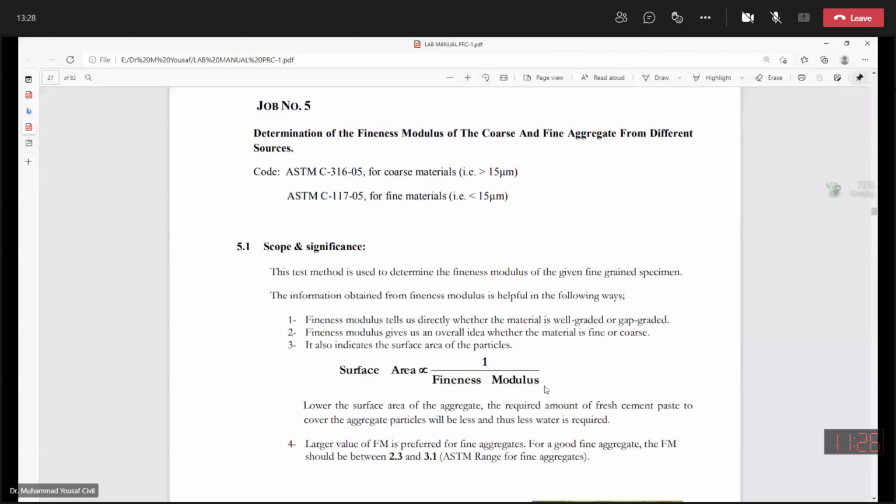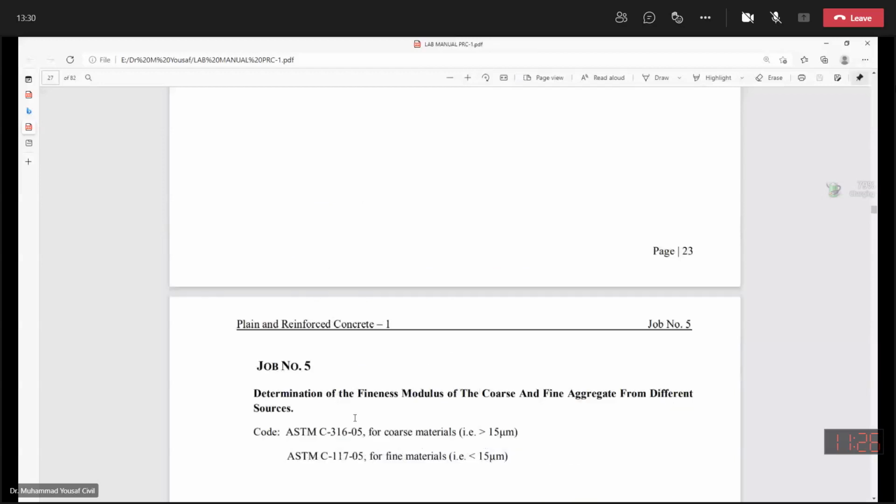Now, what is the approach and what will be the outcome of the determination? Once you have obtained the fineness modulus, what will be the outcome? What will be the advantage? This is being done through the gradation of the material. What is gradation?